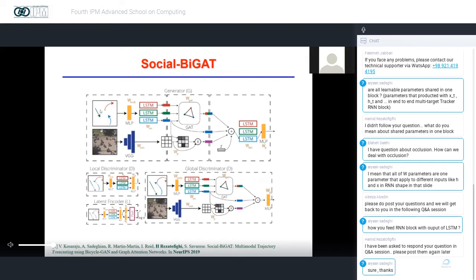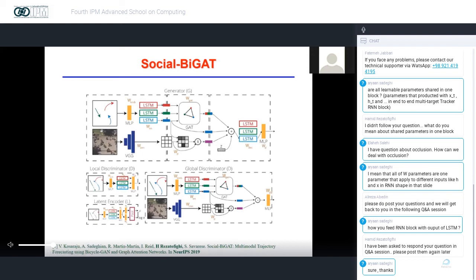As you can see, we have a set of trajectories, map them with an MLP to a higher dimension, use an LSTM to encode each of them into one feature representation, use that as a graph node, and then use the graph attention network to learn a joint representation between them, and then concatenate it with their local information in order to predict the future of each target. So that was one of the contributions.